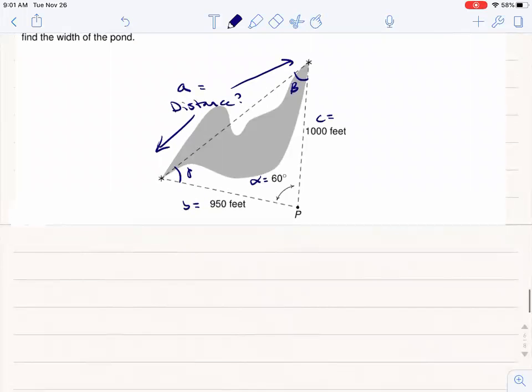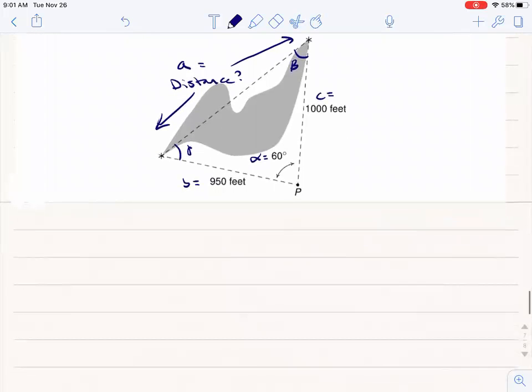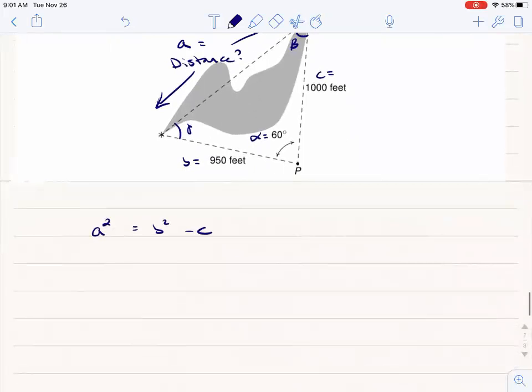So if I want to solve for A, then I can use A squared is B squared plus C squared minus 2BC cos alpha. That uses all the information that I have, and it's just from the law of cosines.